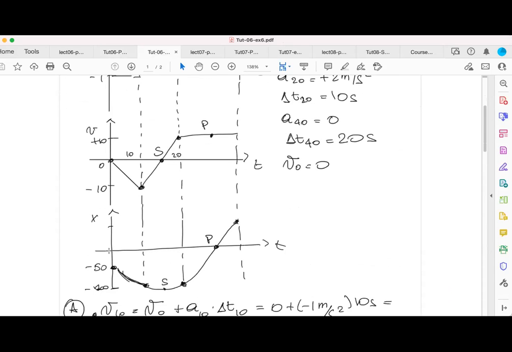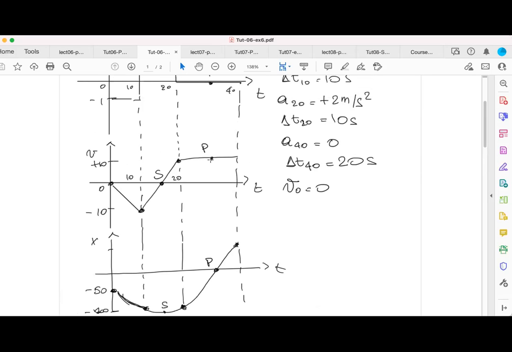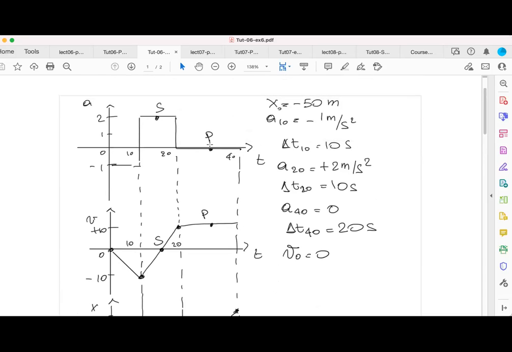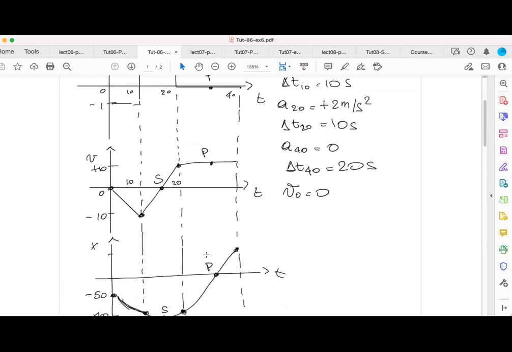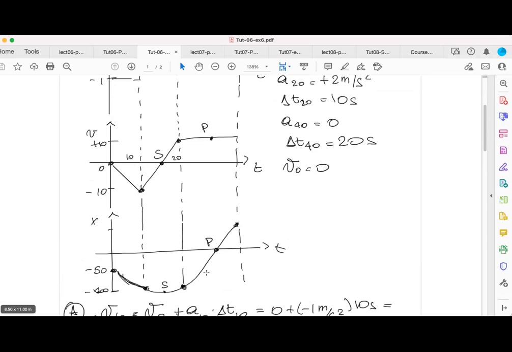So what you need to do is to check in the position, the car that went from minus 50 to minus 100 and then to plus 100, there was a time when it crossed the origin, which is the point P. And then you can put, just for information, also in the velocity and also in the acceleration, just to see where it is. But here you need to find this point P from this plot.